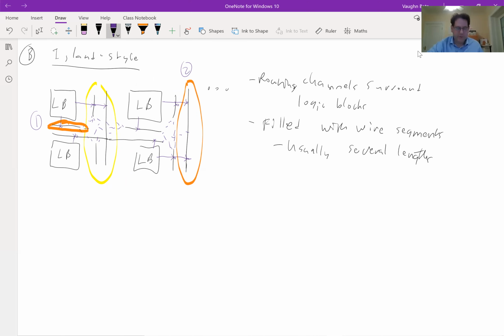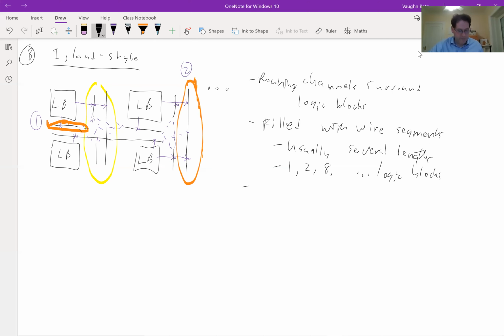So we've got different lengths of wiring, and we usually talk about these lengths in terms of how many logic blocks they span before they end. So 1, 2, maybe 8, etc. logic blocks. In this little piece of an architecture, you can see wires of length 1. It's this one over here, which only goes one unit over before it ends. And we've got some wires of length 2, this one here, which goes 2 blocks up or down before it ends.